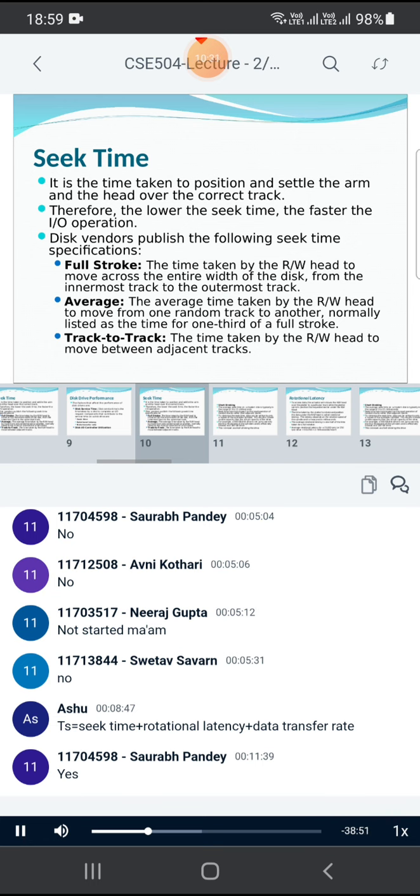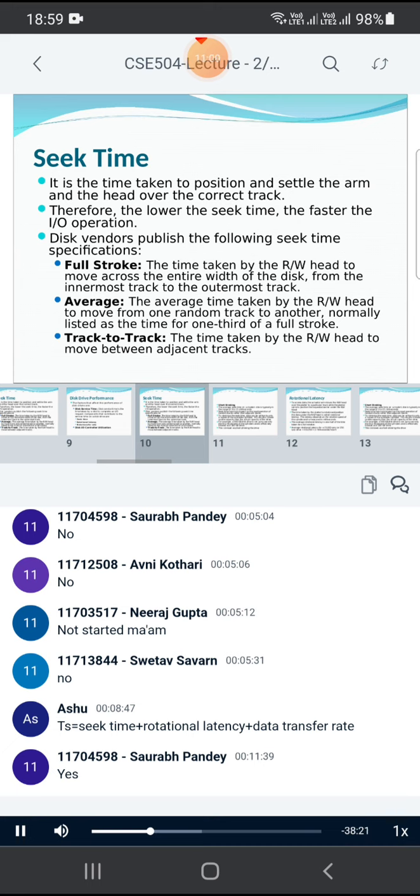Entire width means moving from the outermost track to the innermost track and moving back from innermost to outermost. We're just moving across the entire width of the disc.